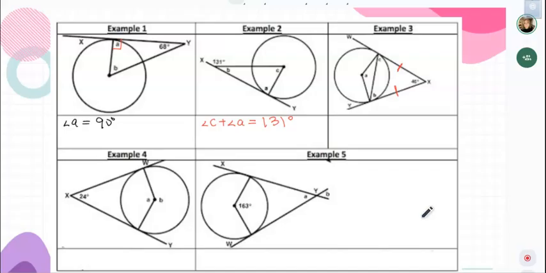What'd you say? 67.5. Do we agree? Is it 67.5? And then I can figure out that angle A is going to be equal to 180 minus 45, because that's angle X.